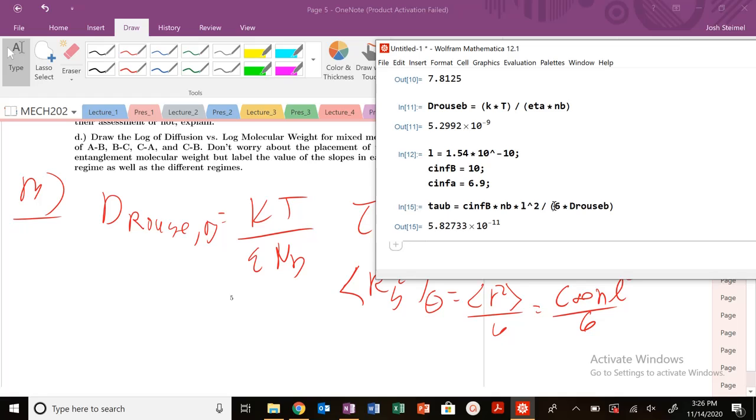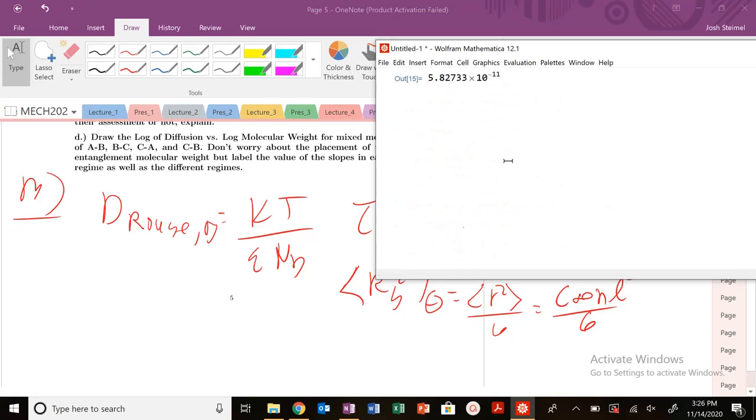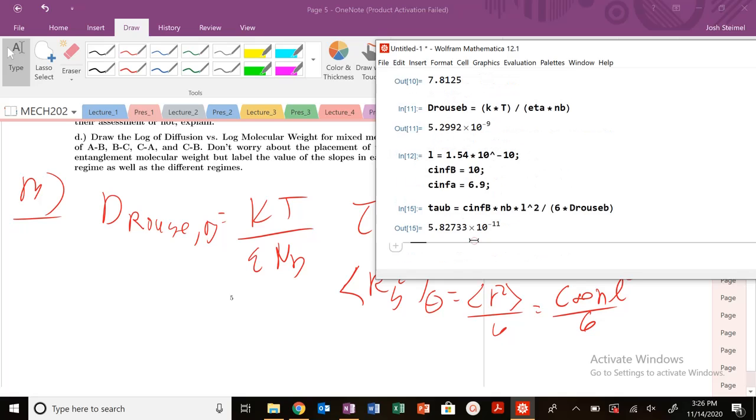This is relaxation in seconds, because look at the units here. This is meters squared per second, this is meters squared, and this is unitless, so the seconds go up. Again, it's a very small polymer. You only get 7 repeat units, really a little oligomer, so a very small relaxation time. Makes sense.